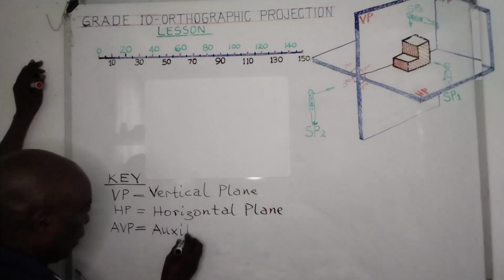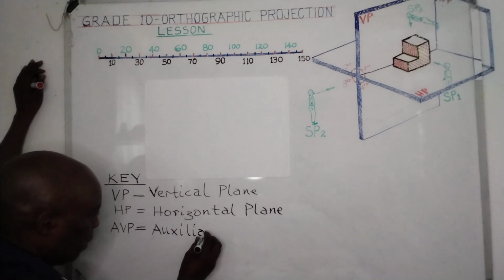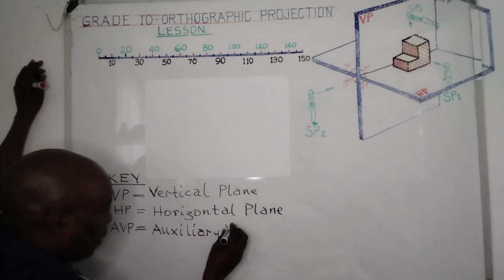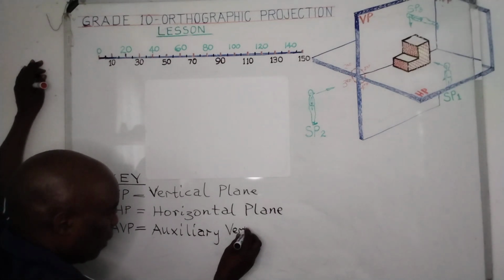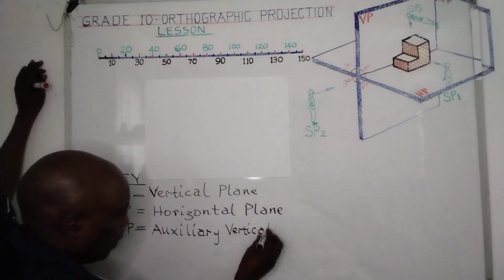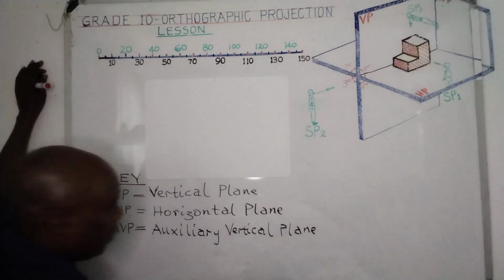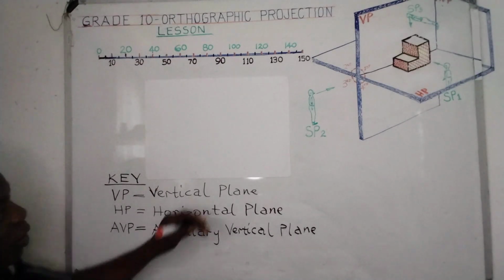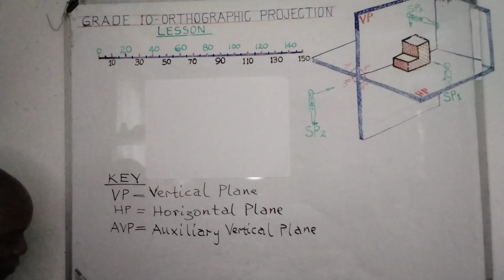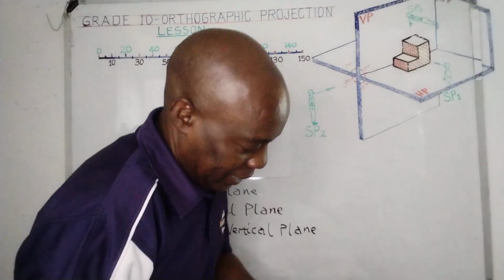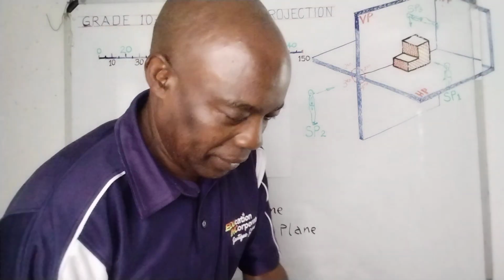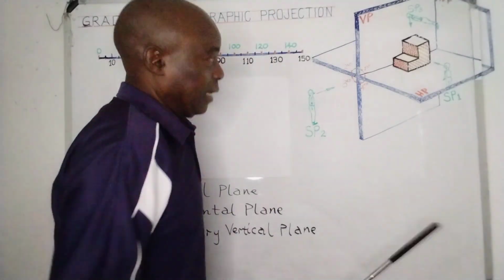So that's the meaning of those. And then we also have the intersection here. I'll explain further on this. I'm just describing and explaining the makeup of the planes. So these planes are known as the three projection planes.